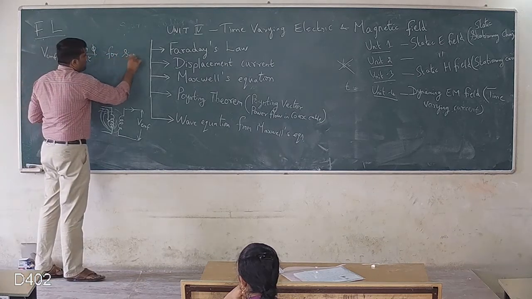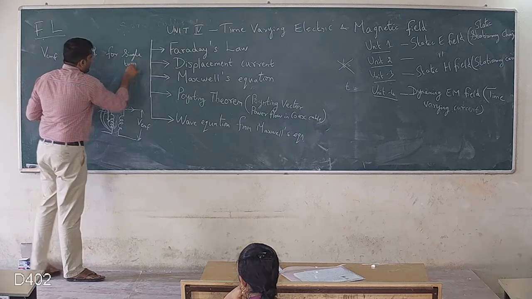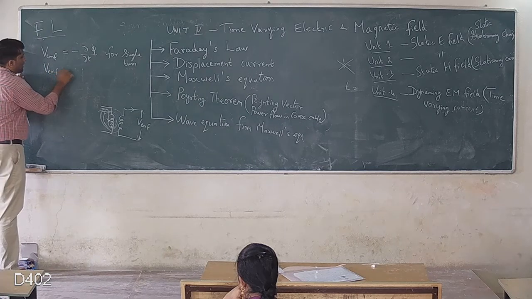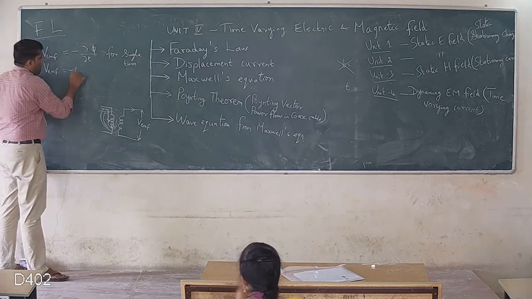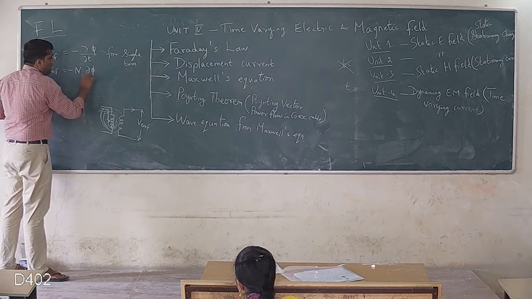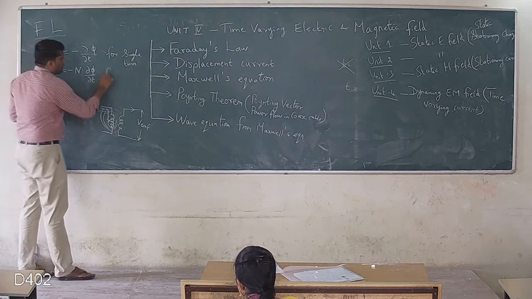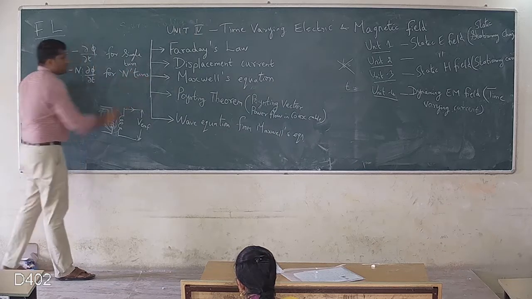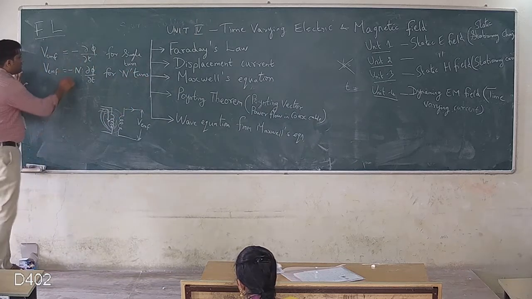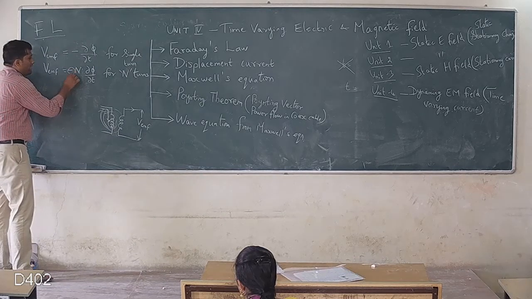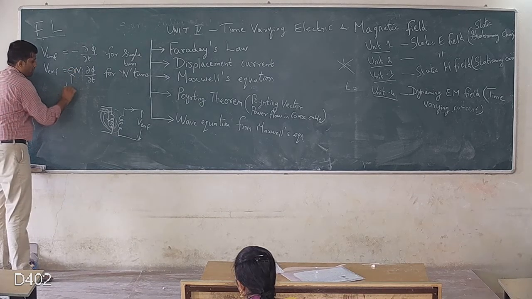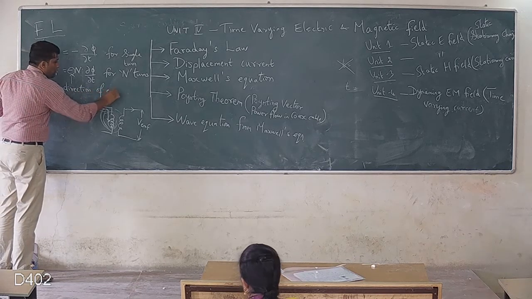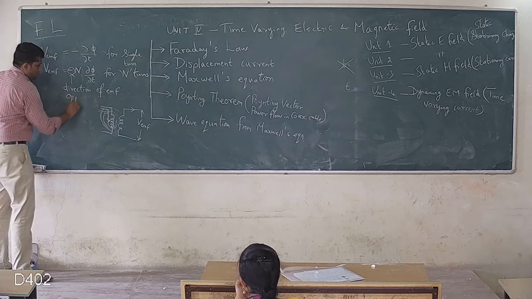Secondly, if there are n number of turns, then I can define V EMF is equal to minus n d phi by dt, for n turns. This is Faraday's law, and this negative sign indicates the direction of the electromotive force, which will always be opposing.